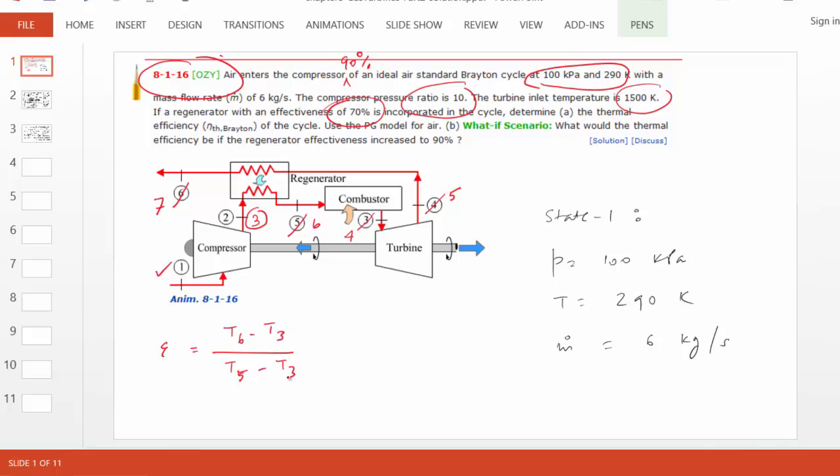So this is the definition of a regenerator's effectiveness. Therefore, using this equation, we can easily get T6. If we manipulate this equation, T6 will be T3 plus 0.7 times T5 minus T3.